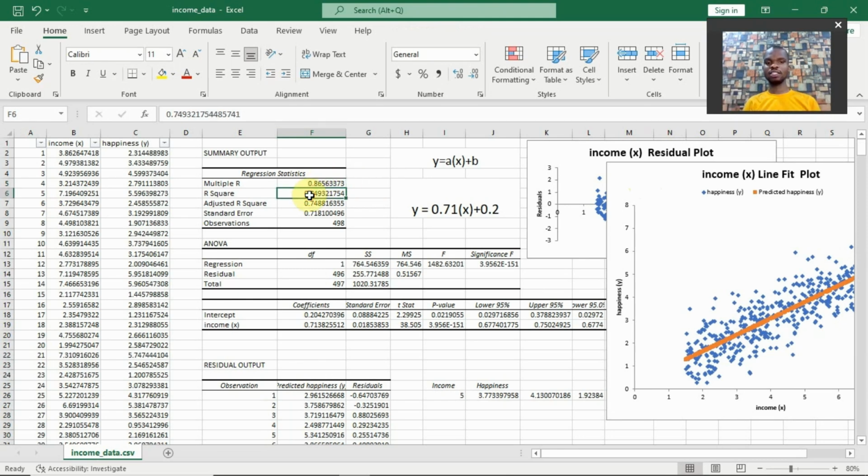And R squared value tells us about the accuracy of our model, that it is about 75% accurate, and accounts for a whole lot of variableness in the data. And also standard error. The smaller the standard error, it means the smaller our deviations are from the original value when predicted.